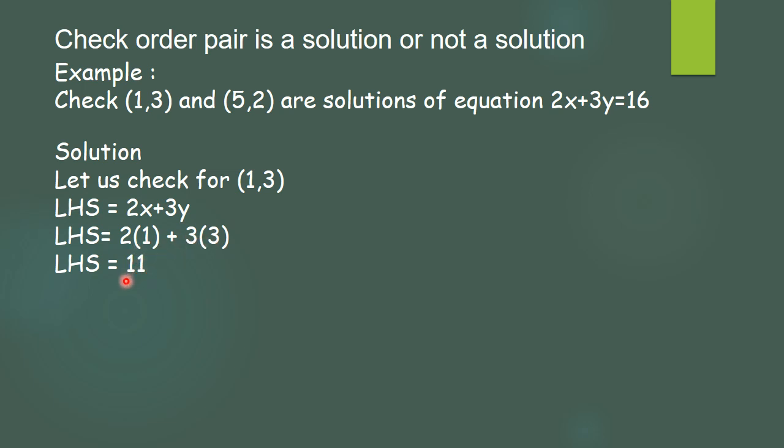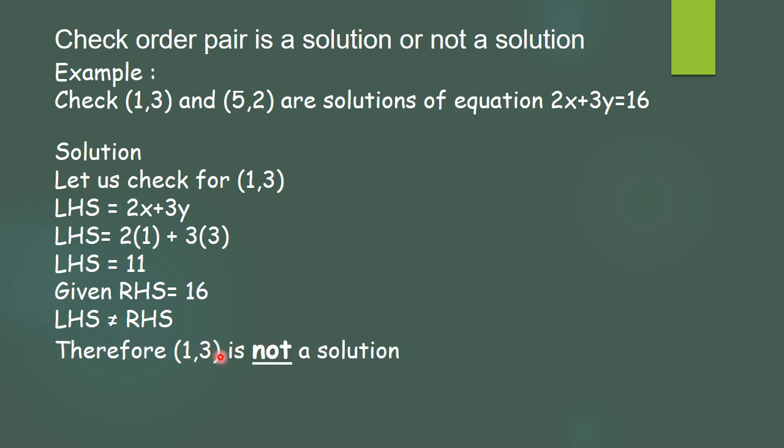Now what is the given right hand side? The right hand side given was 16. Is 11 equal to 16? No. So as the left hand side and right hand side are not equal, 1 comma 3 is not a solution.